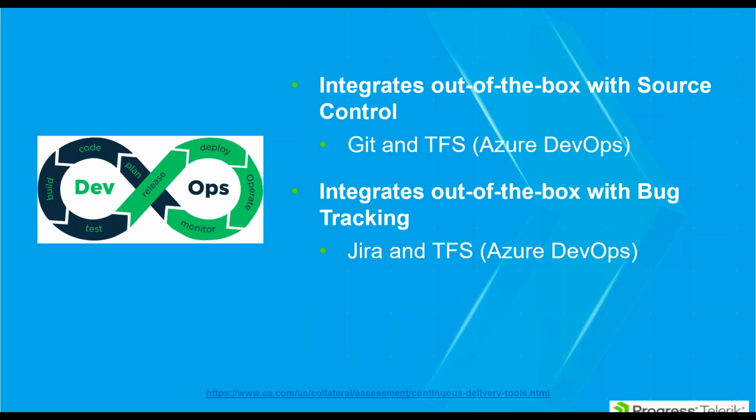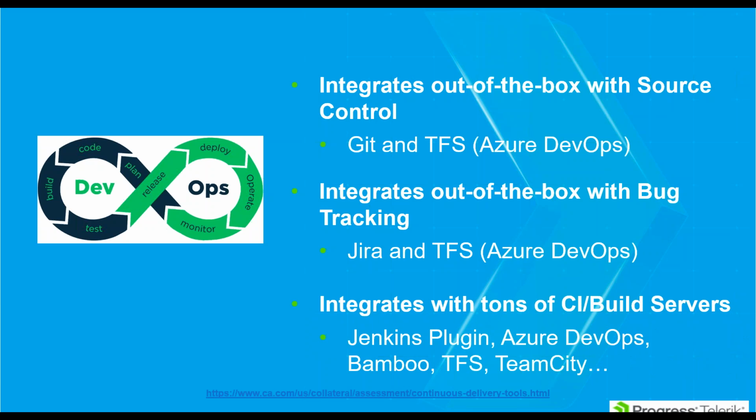So whoever is interested in that can request a personal demo, or they can go over into our documentation and do it themselves. Talking about bug tracking, we directly integrate with Jira and again TFS or Azure DevOps, meaning that whenever your test execution fails, you can select to either manually or automatically submit a bug which has all the information, the expected result, the screenshots, the state, the log, and it can go directly into Jira or TFS.